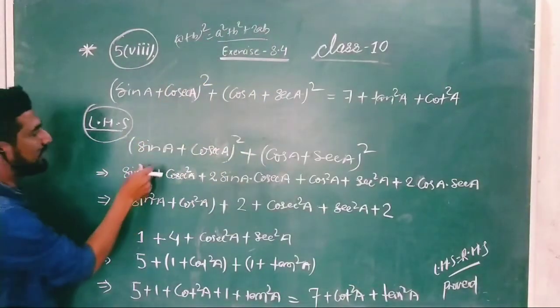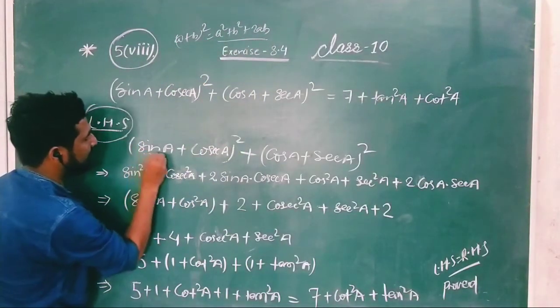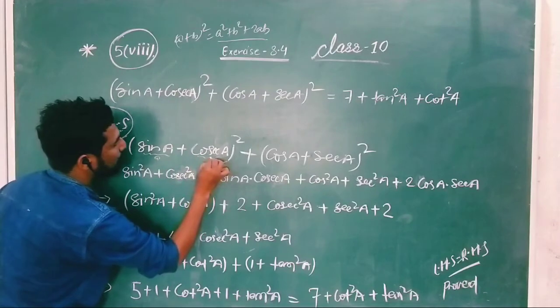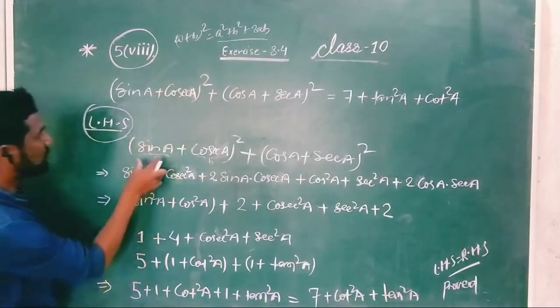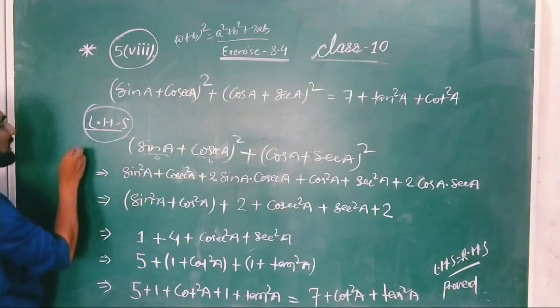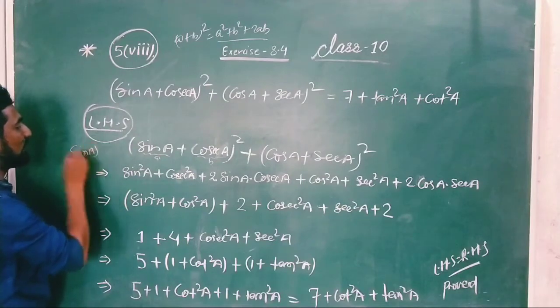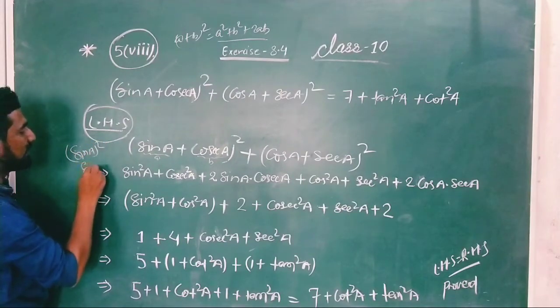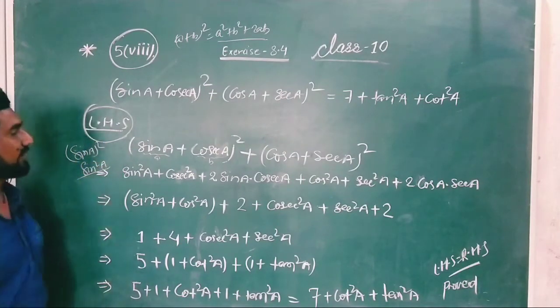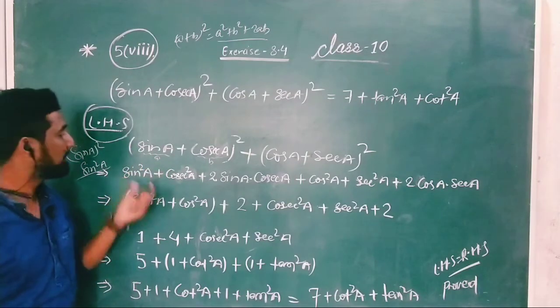Here a is sin A, and b is cosec A. So a square, sin A whole square, becomes sin square A.